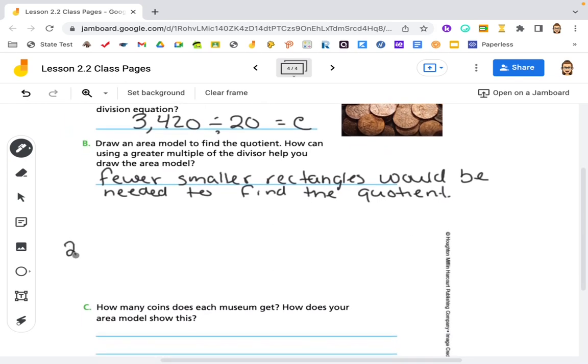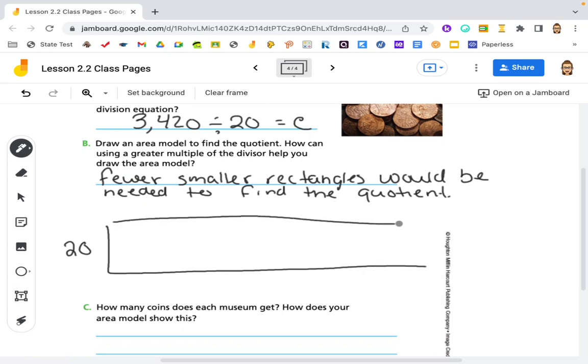So 20 goes on the side. Starting with 3,420. So if I did 10, that's only going to give me 200. So I know that 3,420 is way more than that. So I'm going to start with 100. Because I know that 100 times 20 is 2,000.